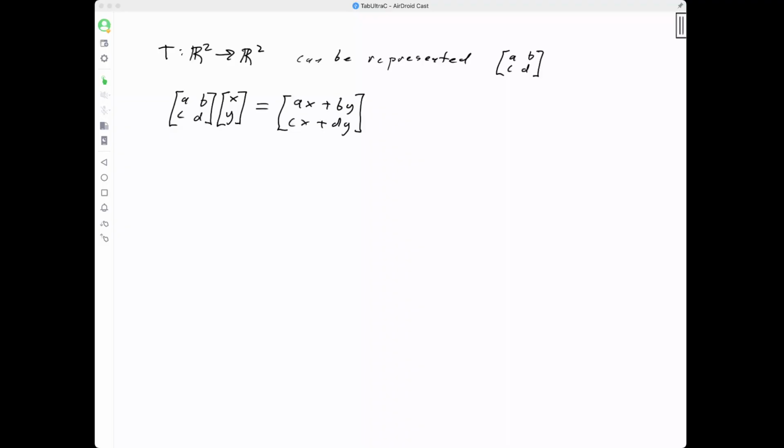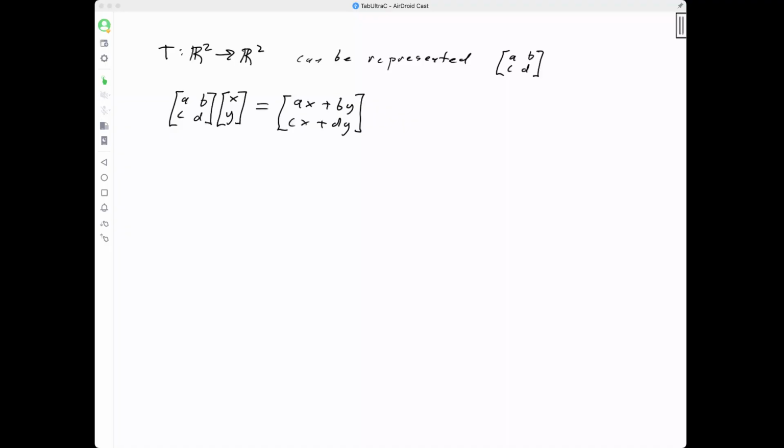This multiplication is a rule that takes my vector xy in R2 and gives me a vector ax plus by and cx plus dy in R2. At this point it's a function, but you can show that this is a linear transformation.